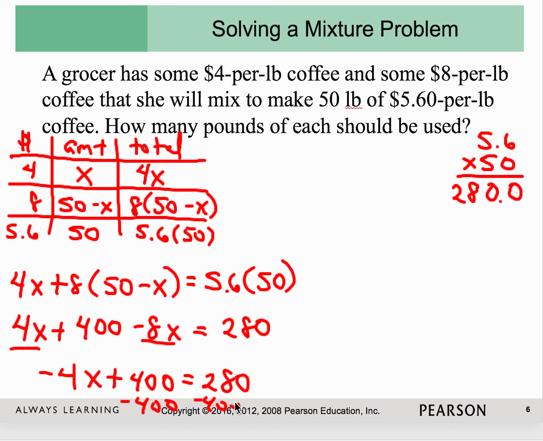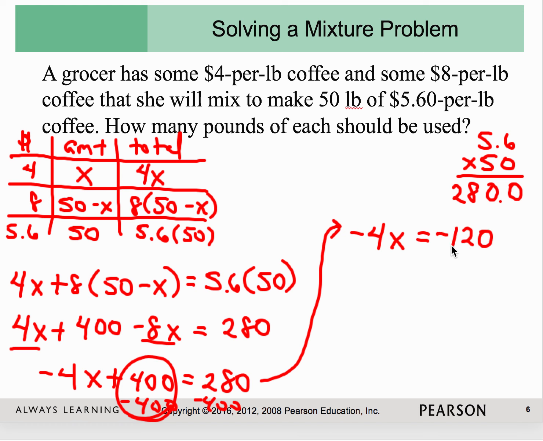Let's subtract 400 from both sides. So we have negative 4x equals negative 120. Yep. Divide by negative 4. So x is 30. So she needs what? 30 pounds of $4.